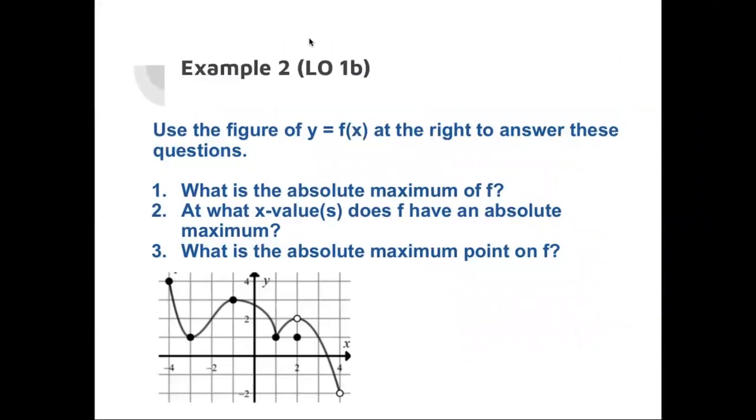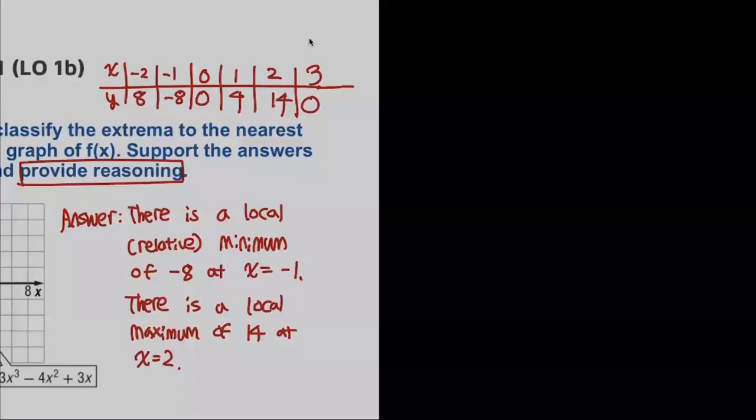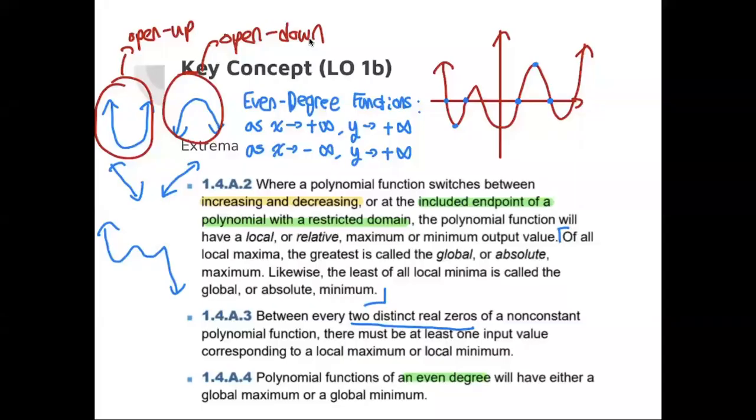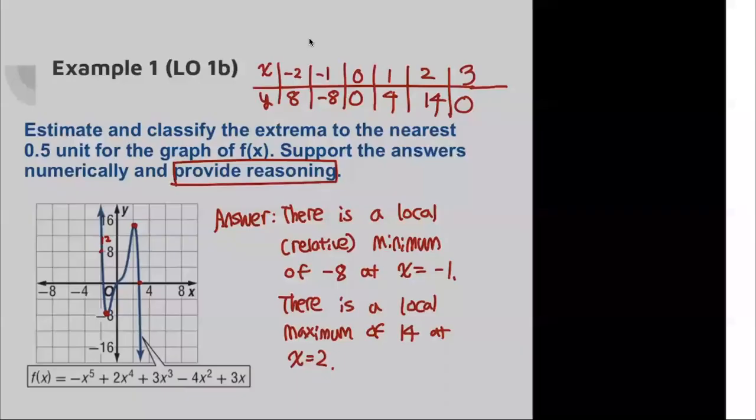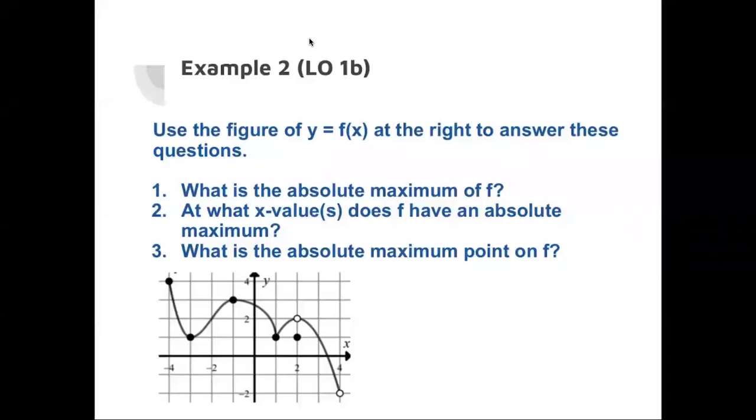Let's look at example 2. Use the figure of y equals f of x at the right to answer these questions. First, what is the absolute maximum of f? Before, I told you that I'm going to explain the endpoints, right? When you're taking a look at the absolute maxima or the absolute minima, you should also take into consideration these endpoints, because endpoints can also be extrema, okay?